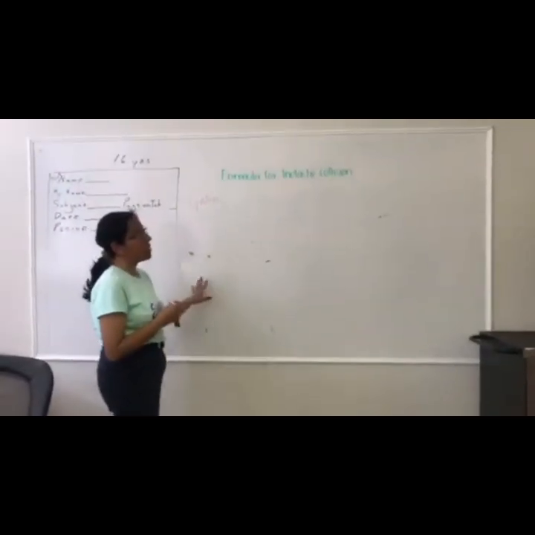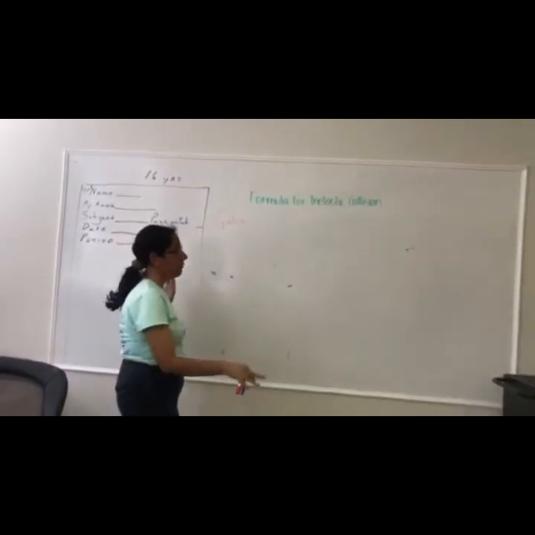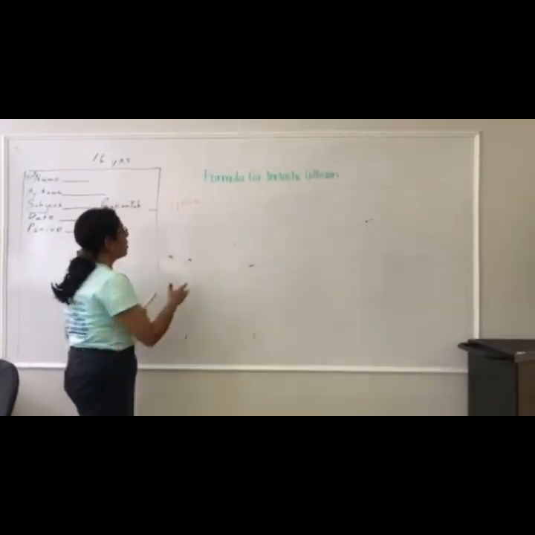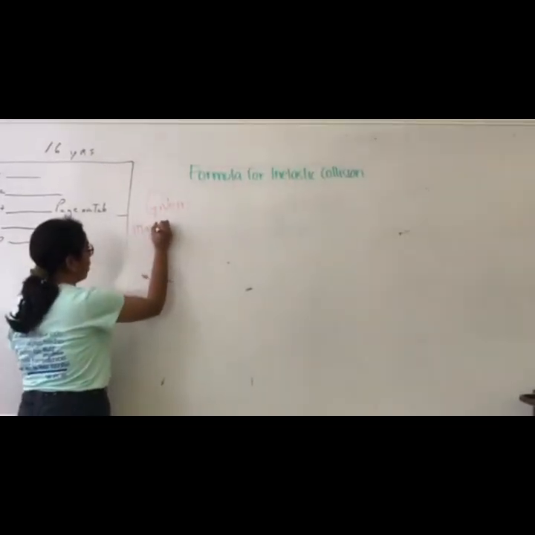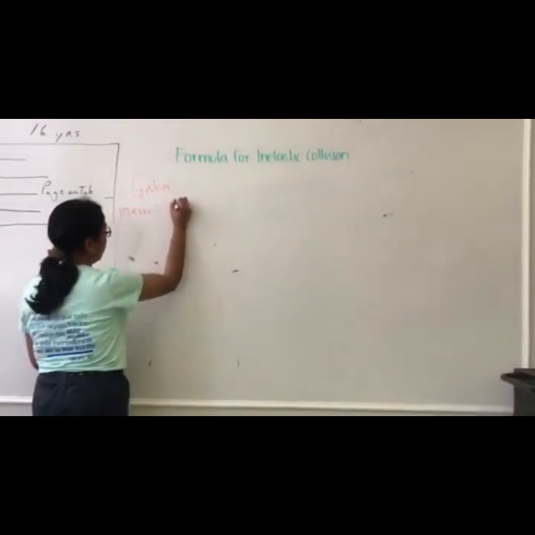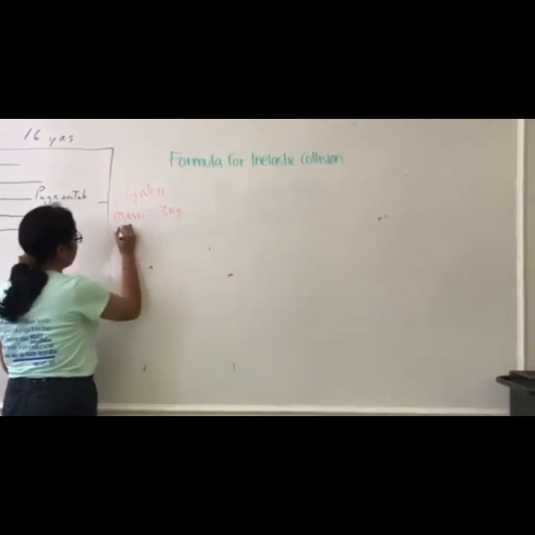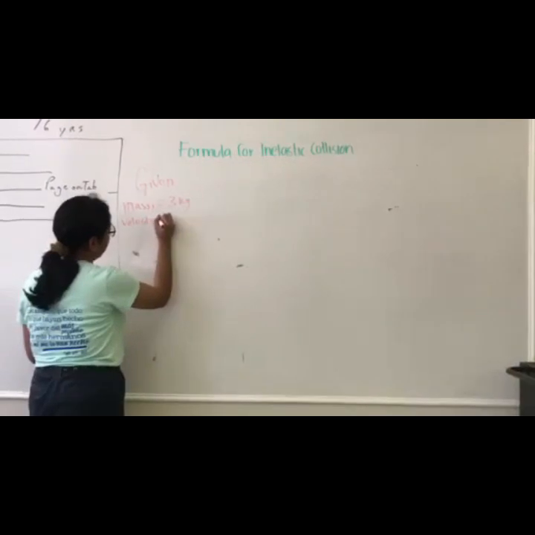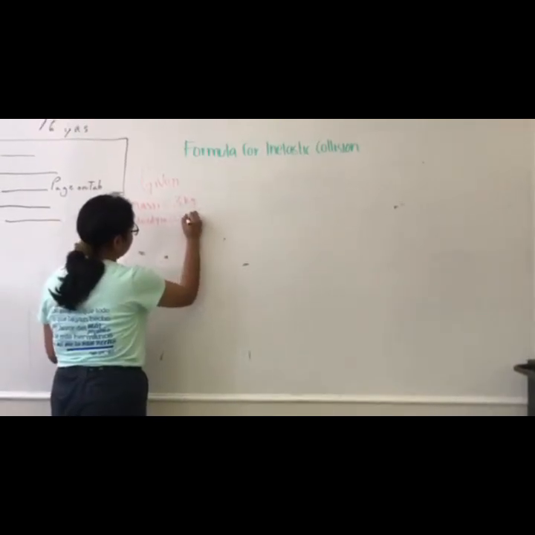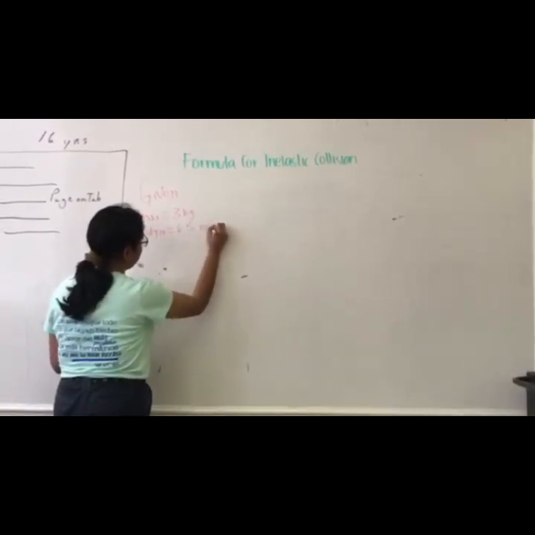Before getting started on the problem, we're going to list the givens. Mass 1 is equal to 3 kilograms. The velocity of this object, v1 naught, is 6.5 meters per second.